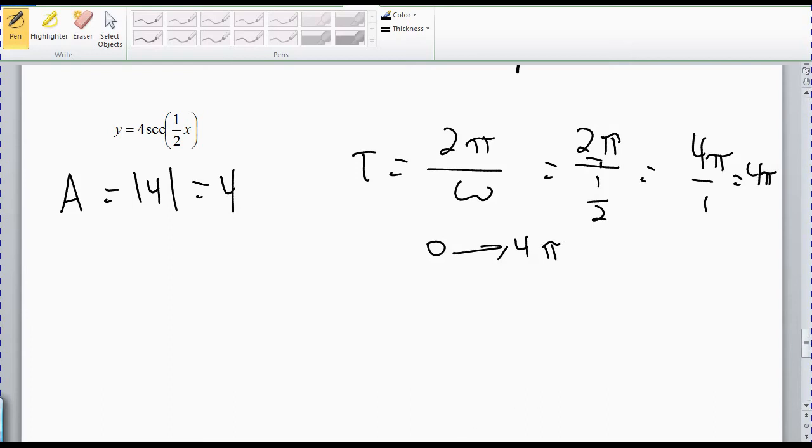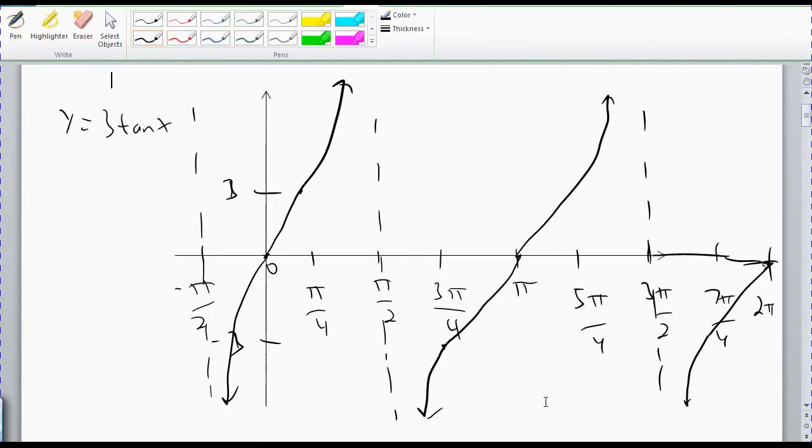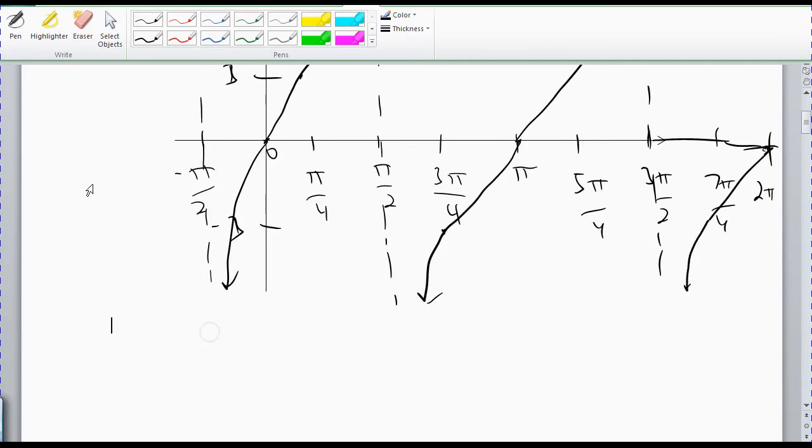I mean, that may be all that I do. But before I do that, we need to talk about the domain and range, don't we? So let's talk about the domain, because you're going to see this. Domain, notice where the asymptotes occur. They occur at every odd pi halves.